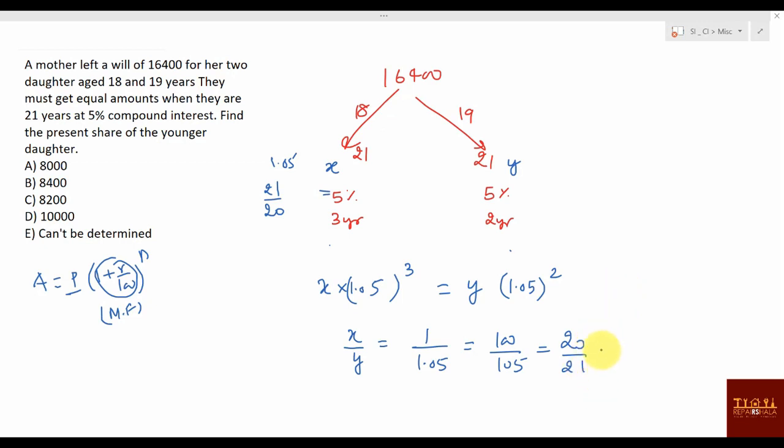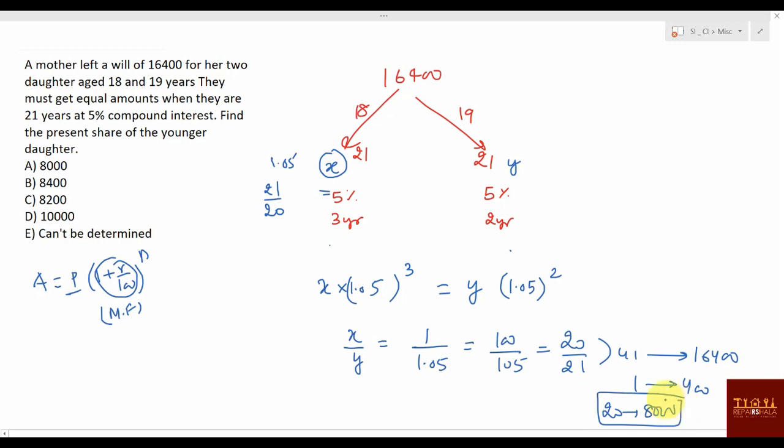So x plus y value will be 41, and 41 is given as 16400. So this is 4 times, so 1 is given as 400. What they are asking? Share of younger. Share of younger is x. X value is how much? 20. So 20 value will be 8000.